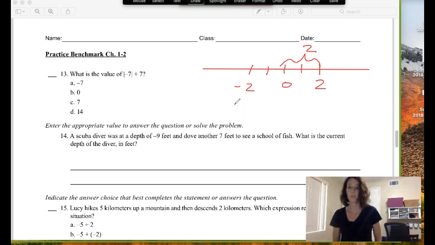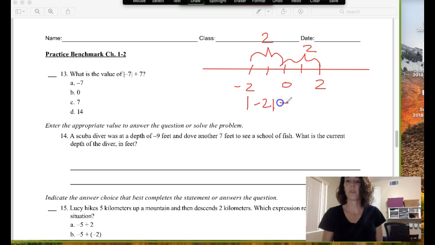I can walk 2 steps back, and I still went a distance of 2. I just went in the negative direction, but that distance is still 2. So the absolute value of -2 is 2, and the absolute value of 2 is also 2. The absolute value of -7 is 7. Then I add 7 to it, and I get 14. So it should be D.